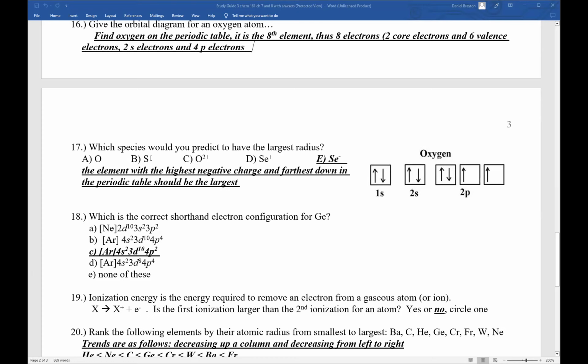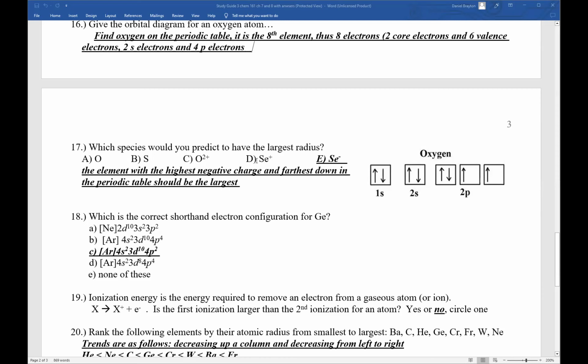Then between oxygen that's 2+ and sulfur, it might be hard to guess, but when you remove electrons, it should contract. So you would argue that C, oxygen 2+, should be the smallest, and then oxygen, and then sulfur. Then when we get to selenium plus, selenium is directly below sulfur.